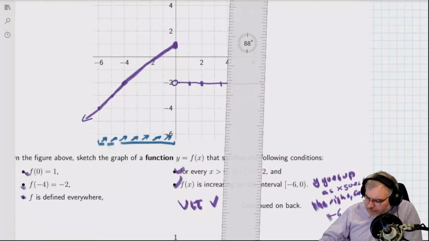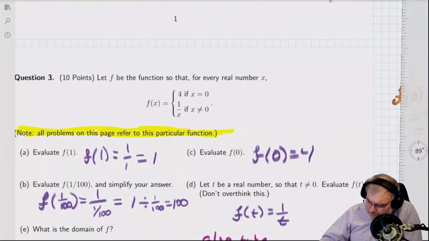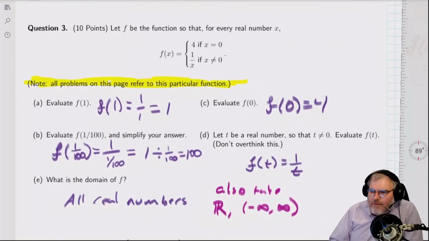All right. So let's go back to the thing. Let's go to the next one here. Okay. So all the problems on this page refer to this function here. This function's a nice little piecewise function.